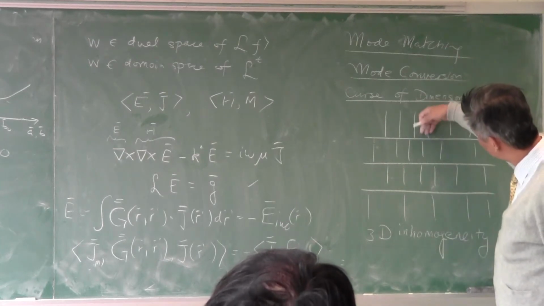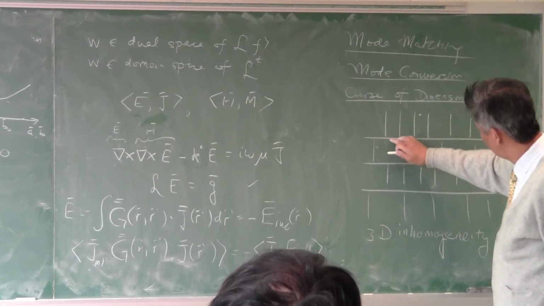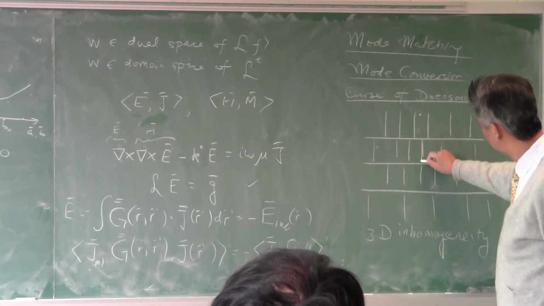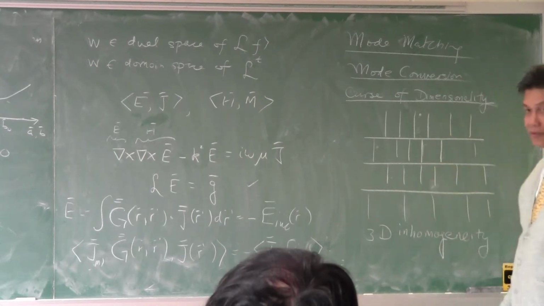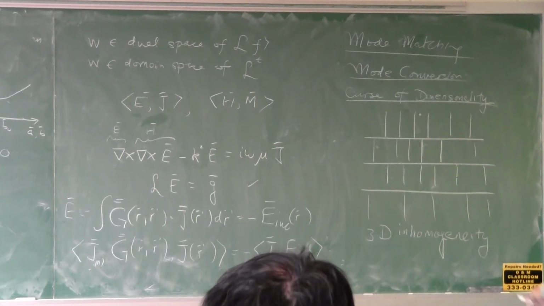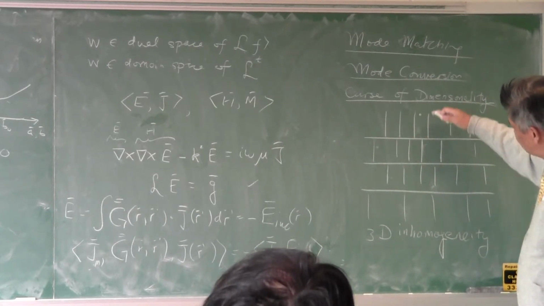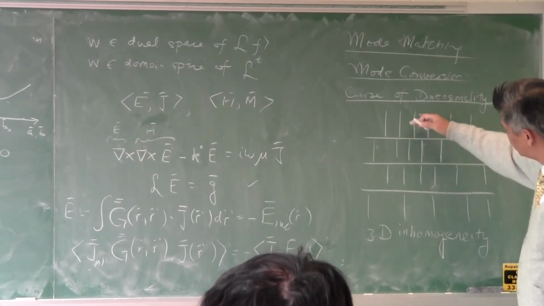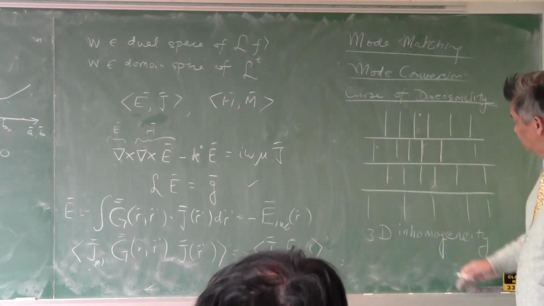And then if you just have one mode coming in, it will spawn a whole set of transmitted modes. There will be infinitely many modes that are transmitted, infinitely many modes that are reflected, and then you have to find the solutions by mode matching across this interface.